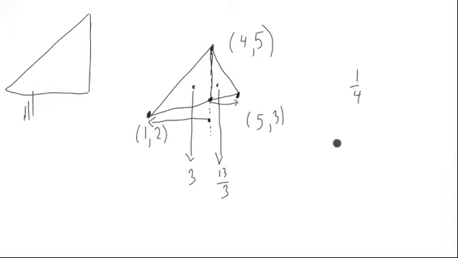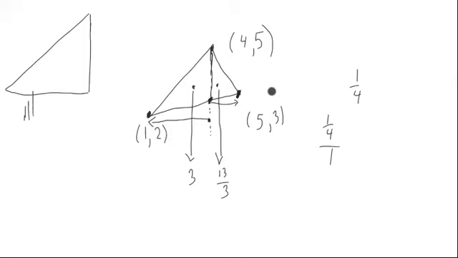So if our run is 1, then our rise would be a 4th. So every 1 you go over, you rise a 4th. So this y value drops a 4th down from this y value, which is 3, so it's a quarter less than 3.